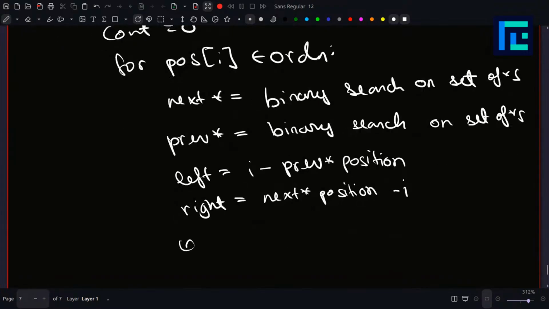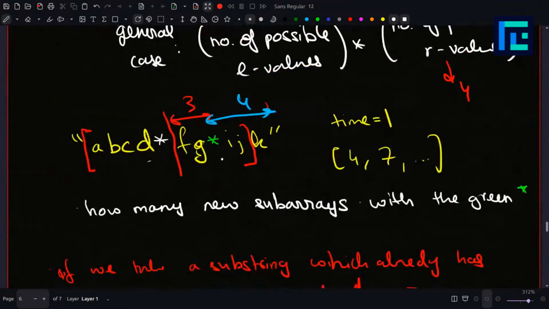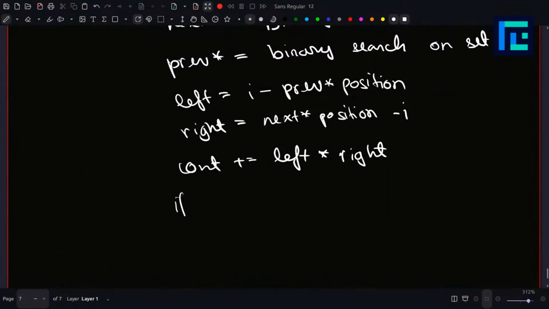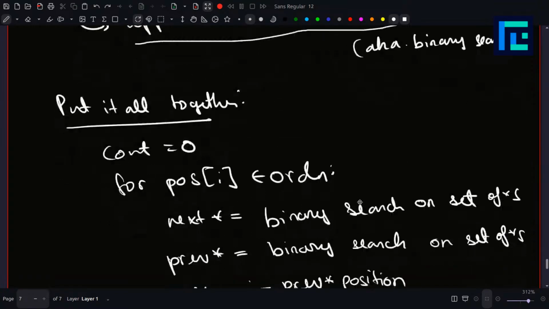We can simply do count plus equal to left times right. Now we have exactly the track of the number of substrings with a star in them, and we just need to check if that's greater than or equal to k. If count is greater than or equal to k, we can return i, because i is keeping track of the current time itself.